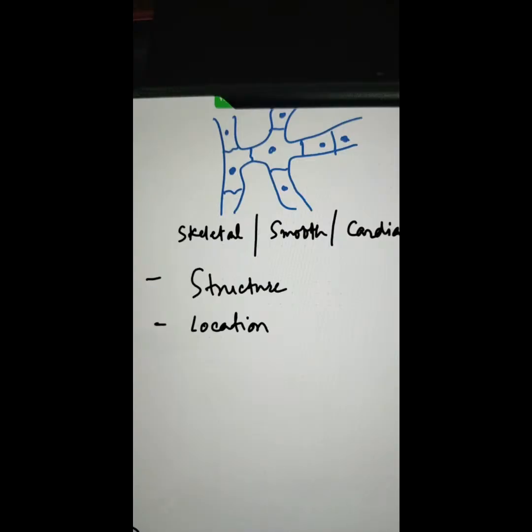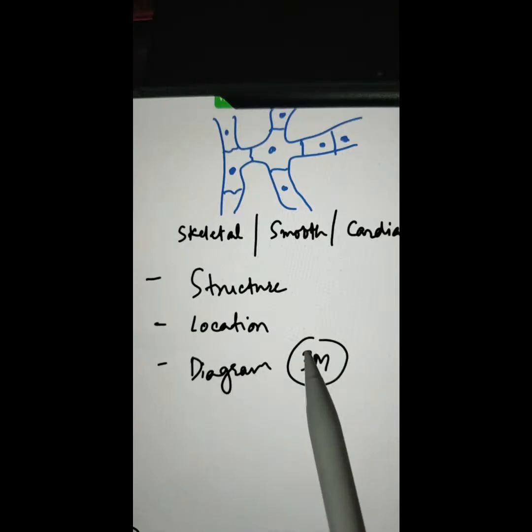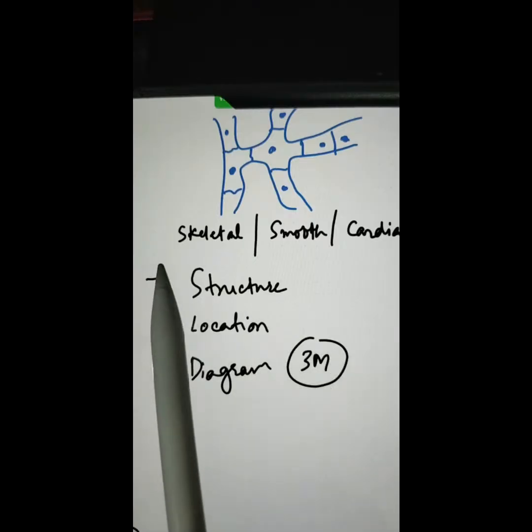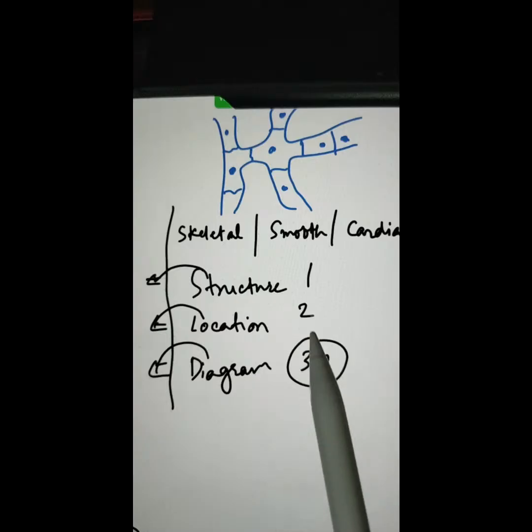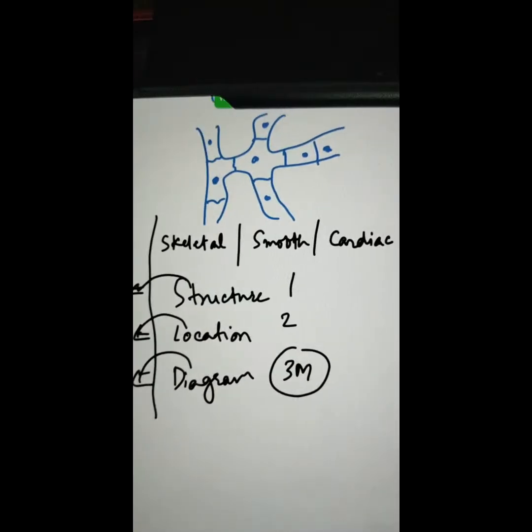They are present in our heart. And the last thing, you will be drawing their diagram. So for a 3 marker question, please write the point on the left here. And here you can write structure, location, diagram. Then you can write 1, 2, and 3 points for all these muscles.